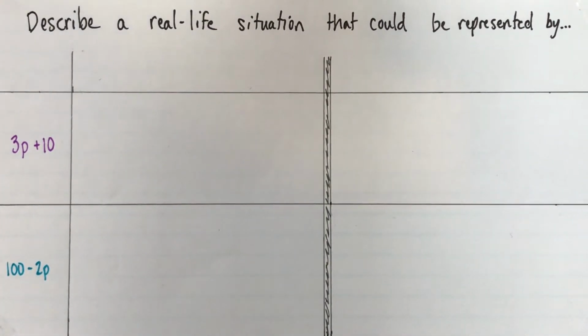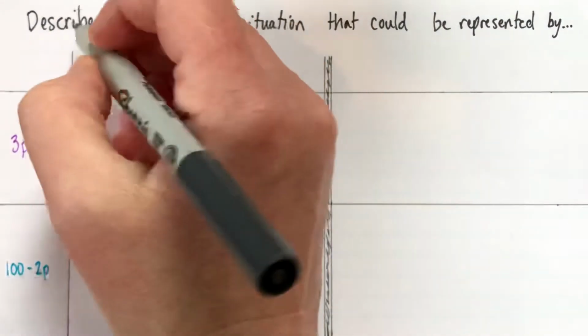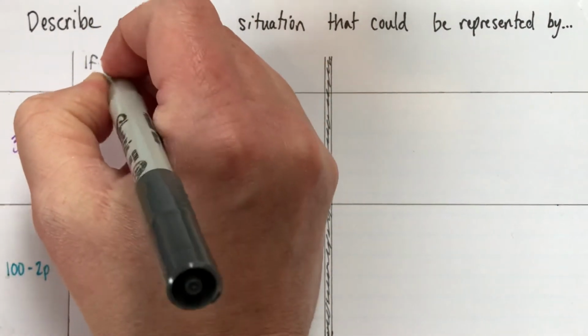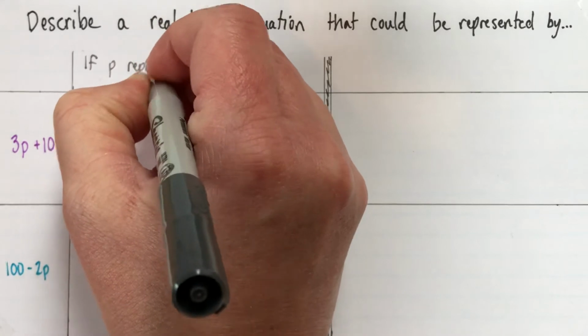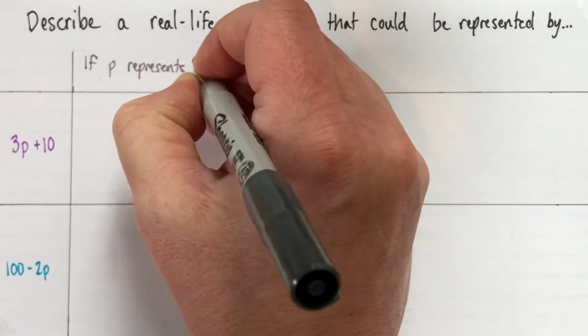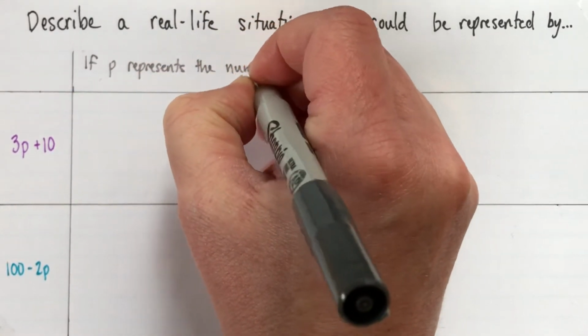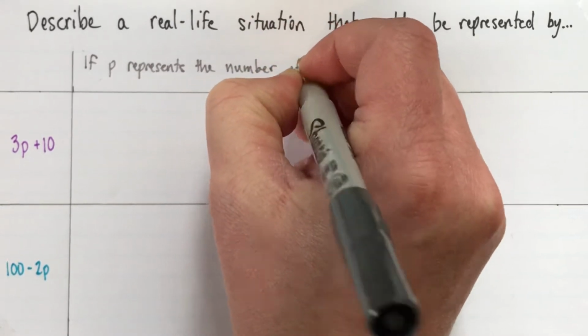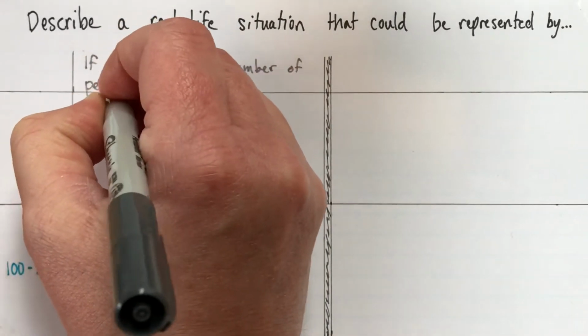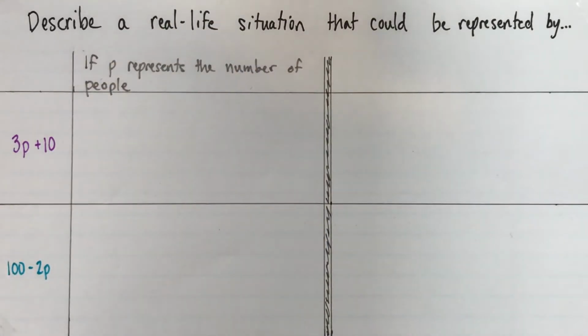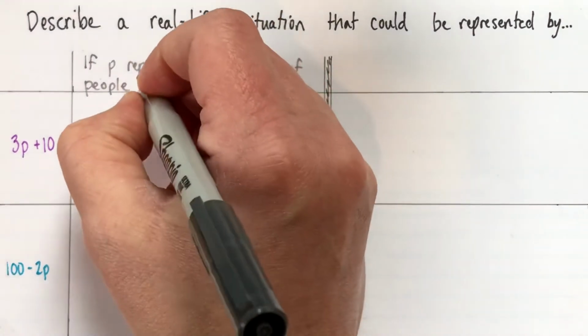So I kind of start with things like the number of people in a group, the number of people in a room, say. It could be any sort of very ordinary number. So let's use that one to start with. If p represents the number of people, and maybe to be really clear, let's just put these people in a room.